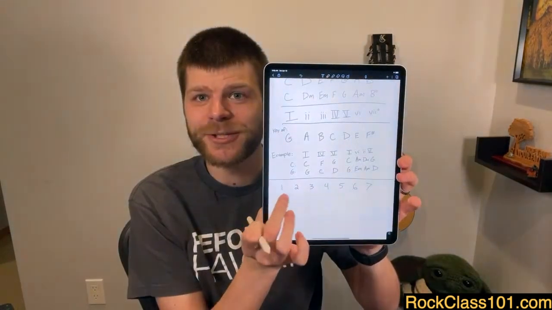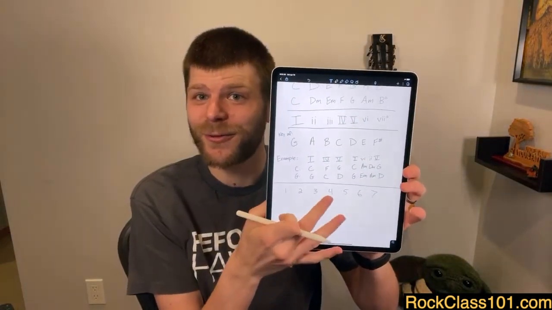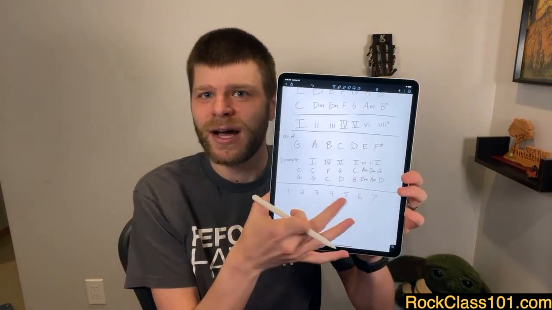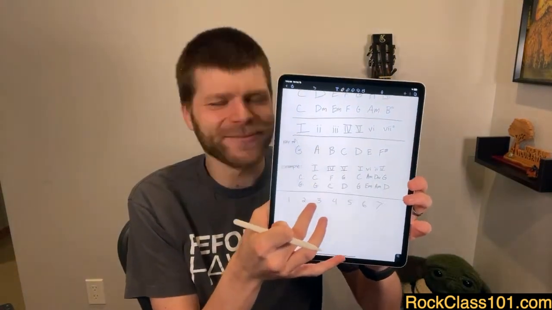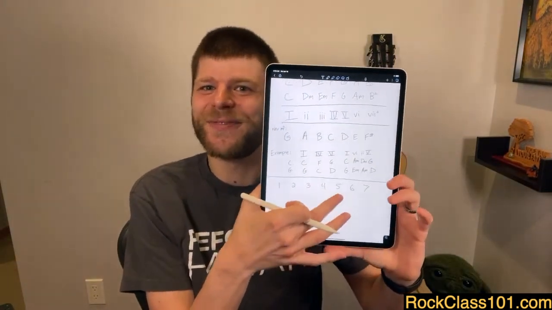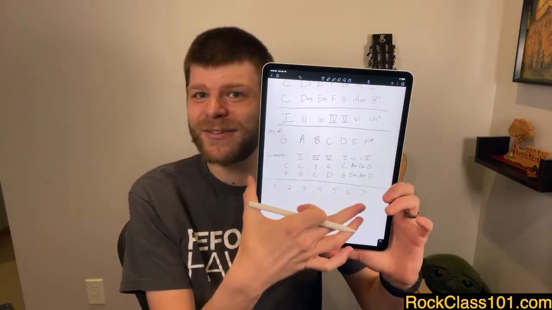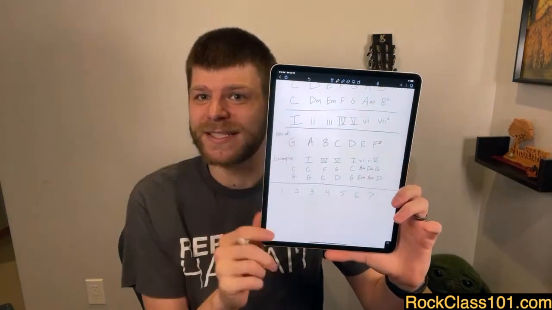So the 1 chord is major, the 2 chord is minor, the 3 chord is minor, 4 chord is major, 5 chord is major, 6 chord is minor, 7 is diminished, following that same pattern that's listed up top.